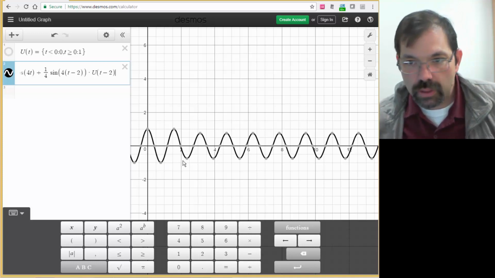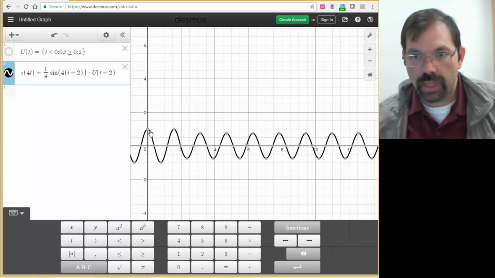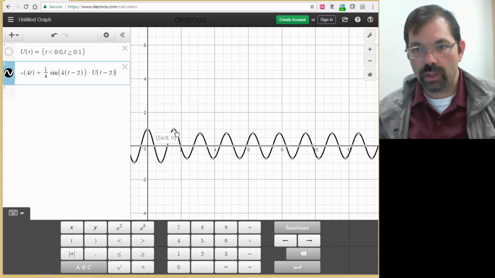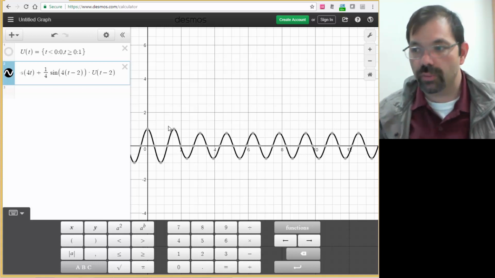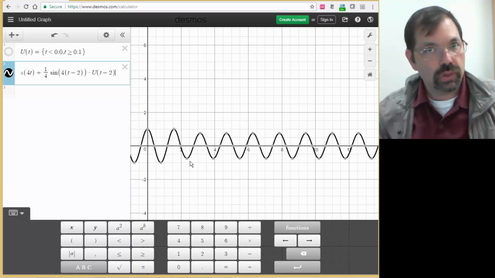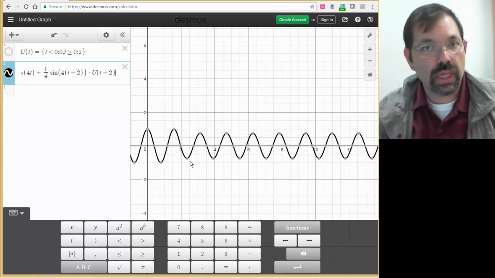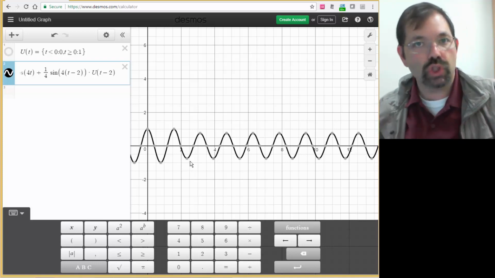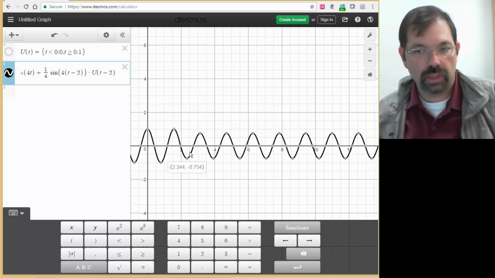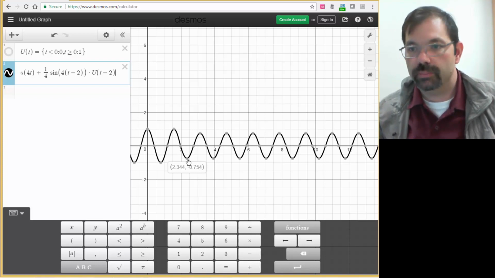Let me zoom in a little bit. We have the normal motion, and then things change at 2 seconds. One thing to notice right away is the amplitude of the curve before 2 seconds and after 2 seconds. Notice the amplitude changes. At 2 seconds when the object was hit, it changed the motion of the object, and we can see that particularly in the change in the amplitude of the curve.